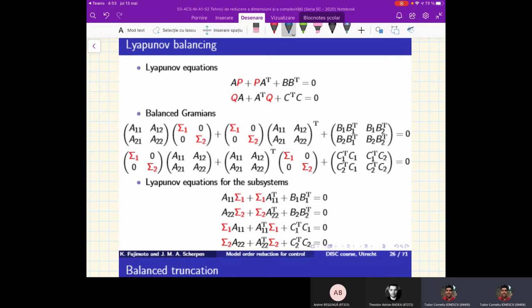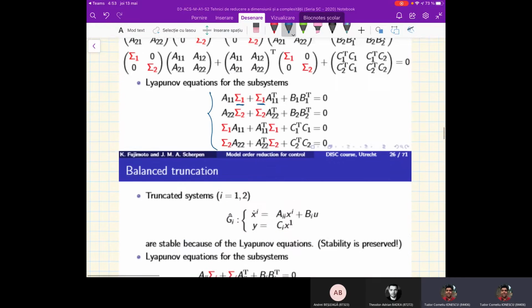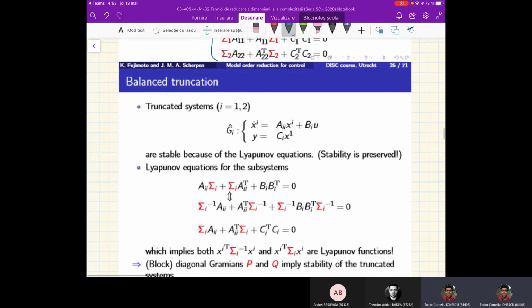And you do this Lyapunov balancing based on P and Q, and the balanced Gramians. The balanced Gramians give you all these equations. Mind you that sigma 1 and sigma 2 are diagonal matrices. And then you do balanced truncation in the sense that you only keep the first part.